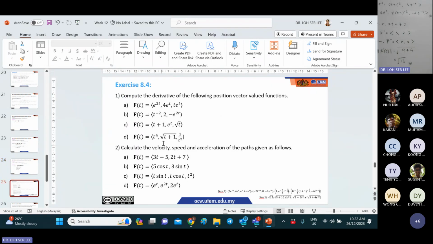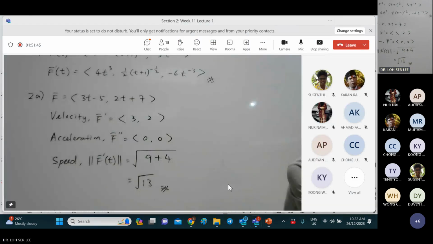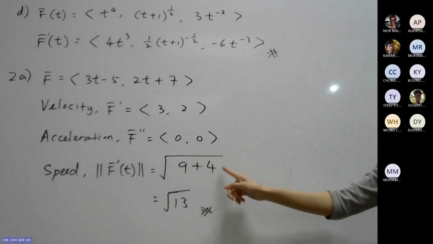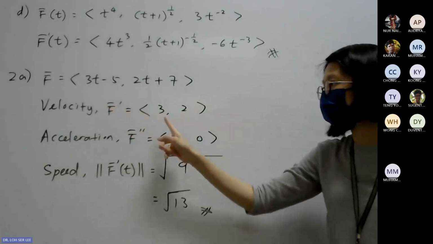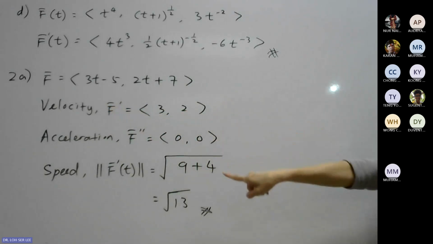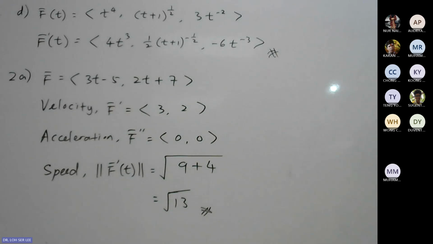We take the velocity and then compute the magnitude of this velocity to get the speed.